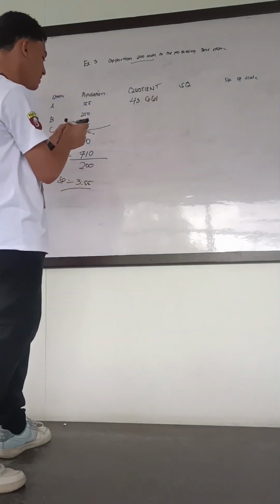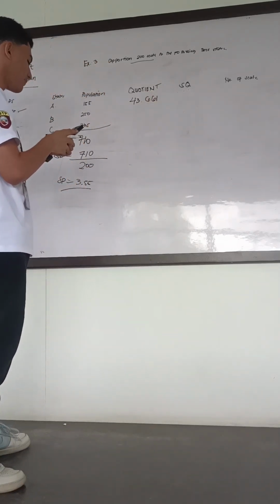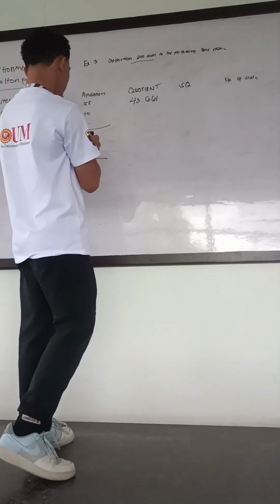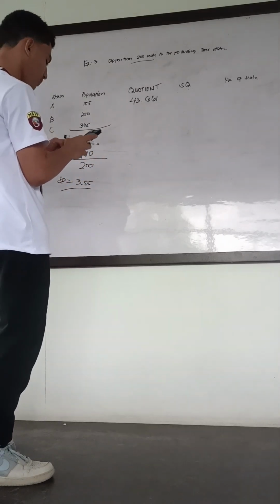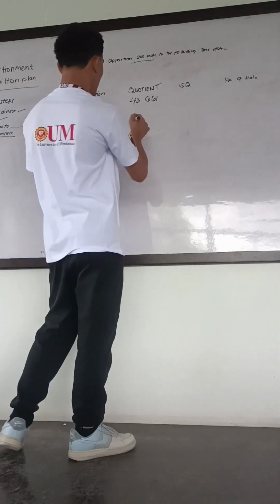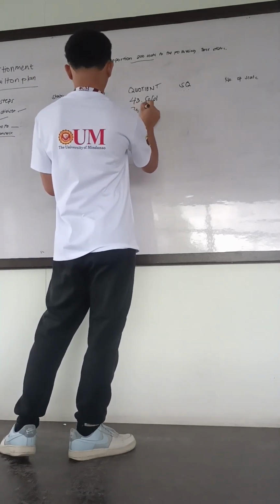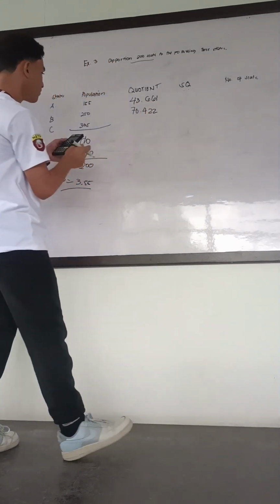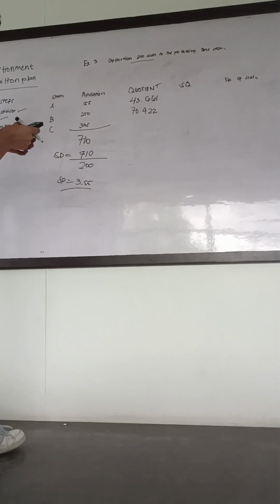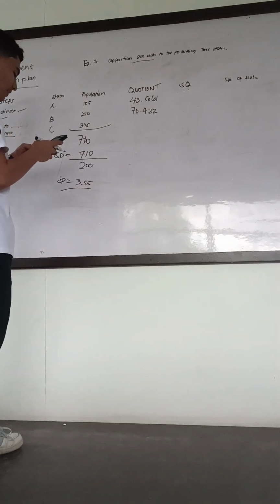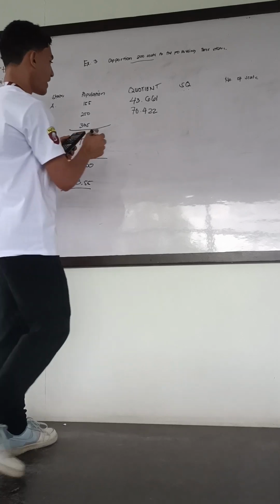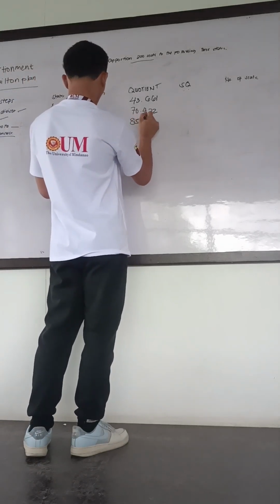For state B, we get 250 divided by 3.55, which is 70.422. For state C, we have 305, so we have 85.91.